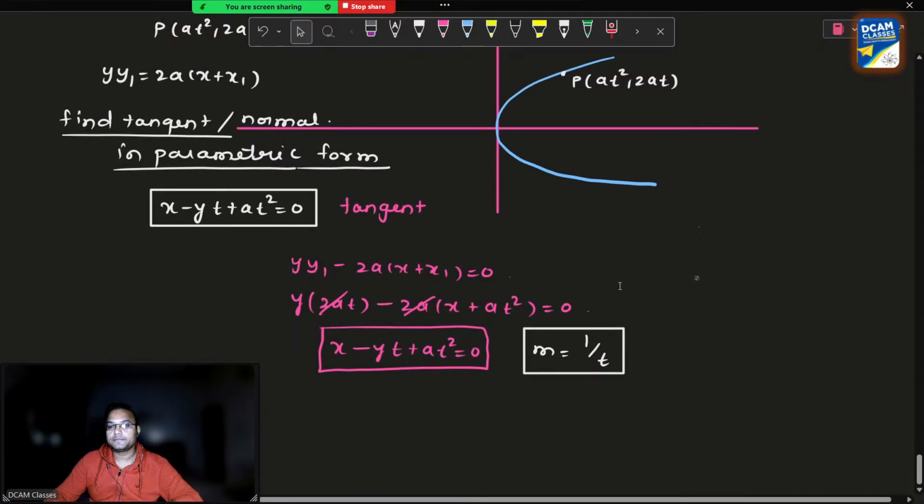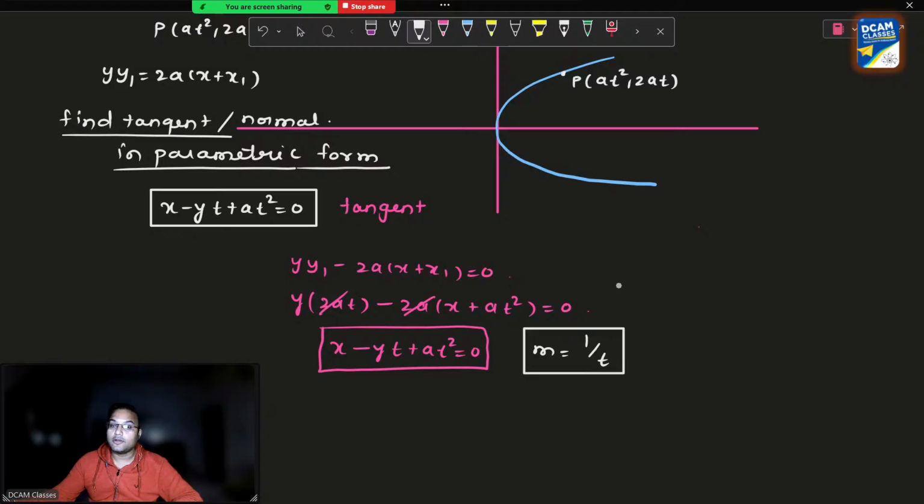Try to do it. And also try to remember this equation, because when JEE Main and JEE Advanced questions are given to you, these equations will come very handy. If you know this equation, you'll just put in the values and find the answer.